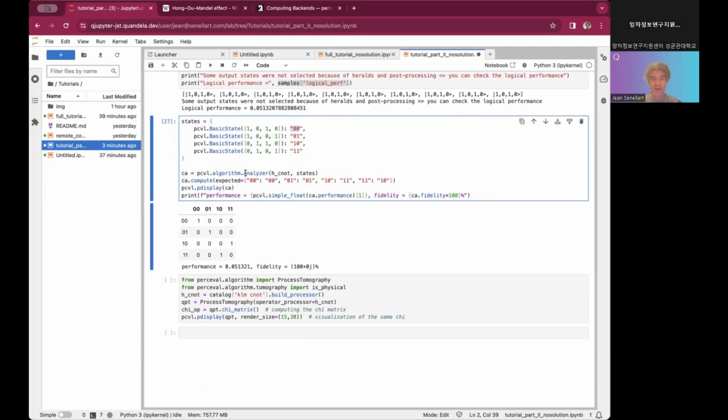I'm launching the analyzer on my circuit, and then I'm looking at the truth table, and you see that it's exactly a CNOT gate with a performance that is not 1, with a fidelity that is 1. It is a perfect circuit.